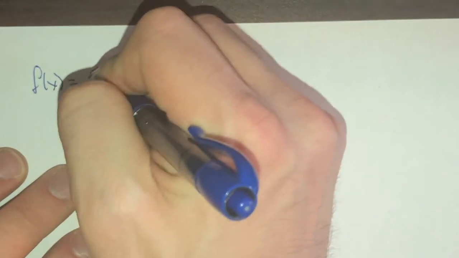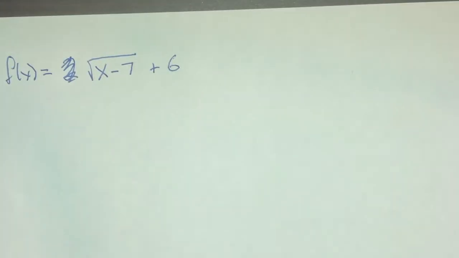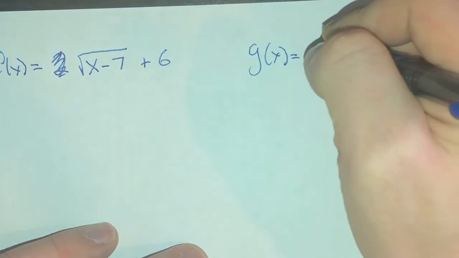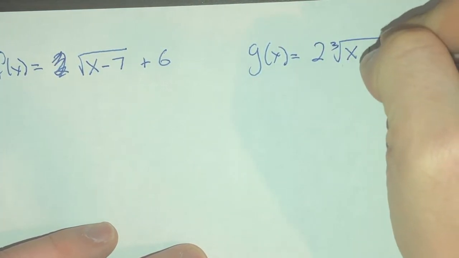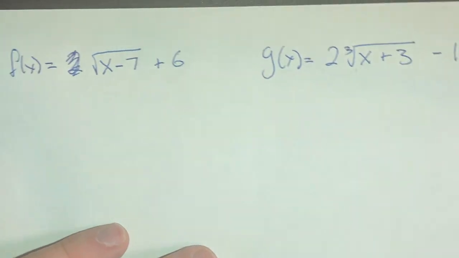How about we just stick with x minus 7? The square root of x minus 7 plus 6. Okay, and I'm going to let g of x be 2 times the cube root of x plus 3 minus 10.